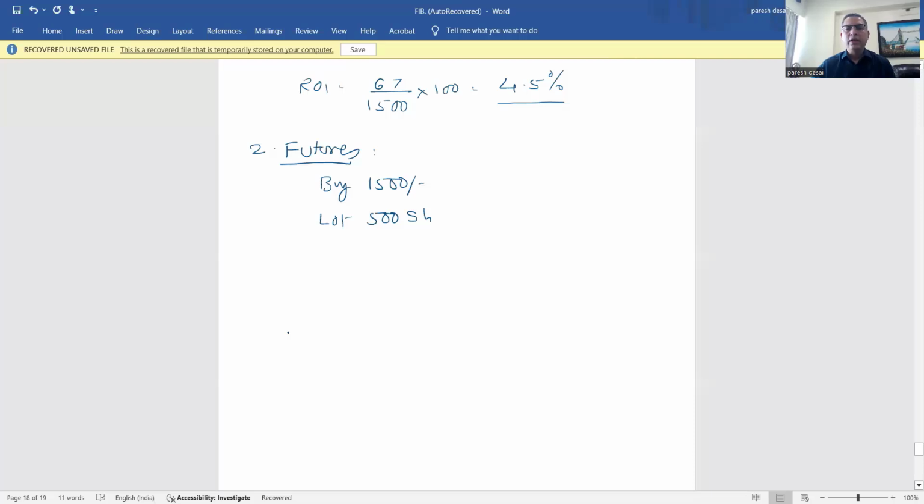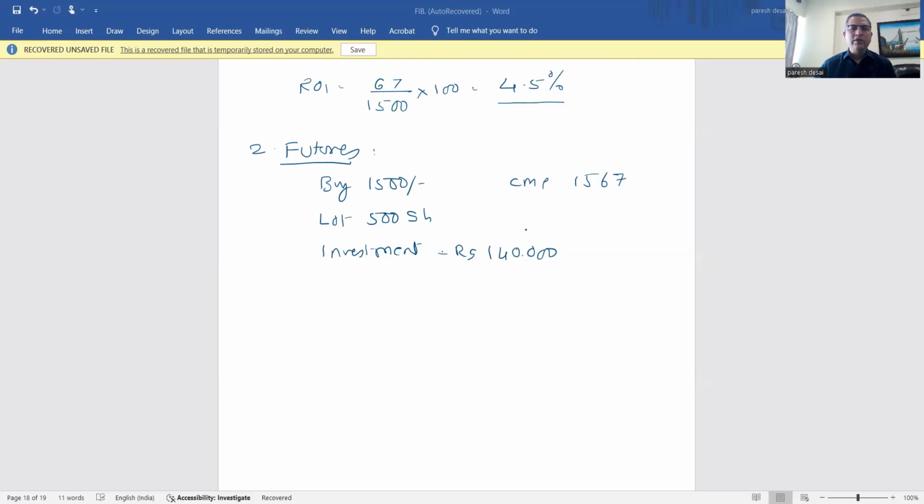This was the buying price. Current market price is 1,567. Your investment was not 500 into, let's say, 1,500, which is 7 lakh 50. Your investment is just rupees 1,40,000.